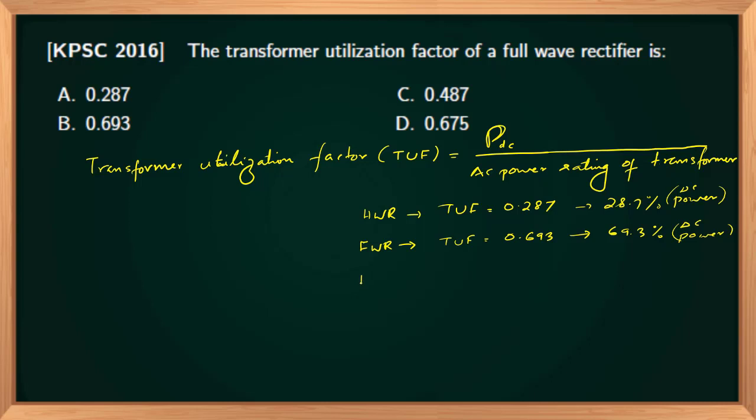For bridge circuit, TUF has a maximum value, that is 0.81, that is 81 percent of power is converted as DC power. So for different rectifiers, TUF values are: for half wave rectifier it is 0.287, for full wave rectifier it is 0.693, and for bridge rectifier it is 0.81. So the correct option is option B.